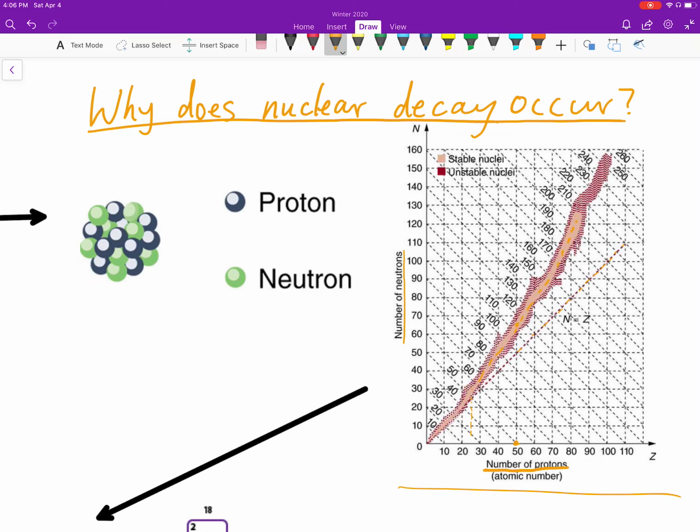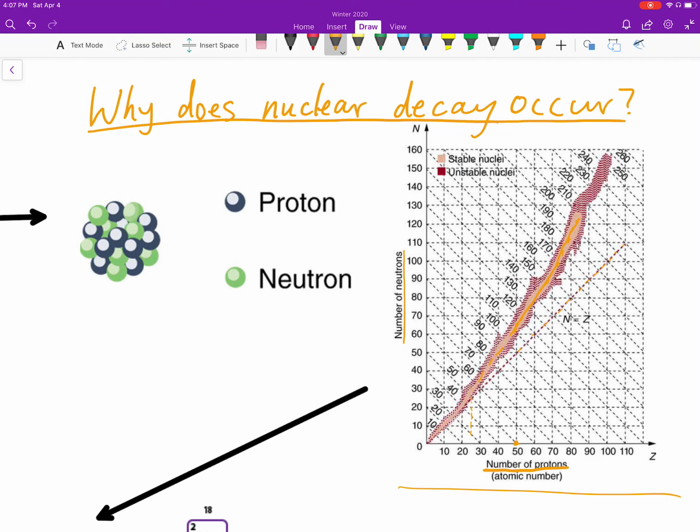And as we see, that goes up. What happens, though, is that if an element gets too many neutrons or too many protons and it's not stable, not balanced, then it'll decay, or it'll have particles break off, or emit particles, to get back to this belt of stability in the middle. And we'll see how that works.